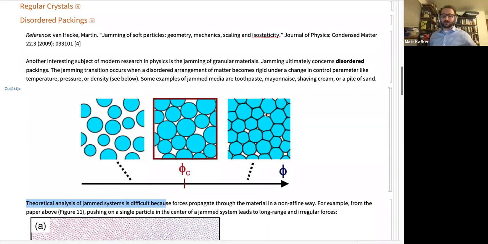This is actually the way people study these things, but they're difficult to study theoretically because you don't have affine translation of the force. I'm not going to do a good job describing this, but if you imagine applying a shear or force on the side of this big collection of particles, that does not mean that the form of the shear or force is going to look like the external version at any given particle, especially at jamming.